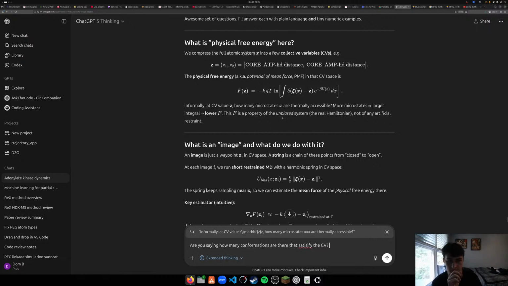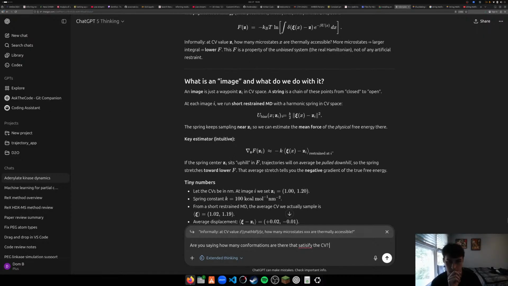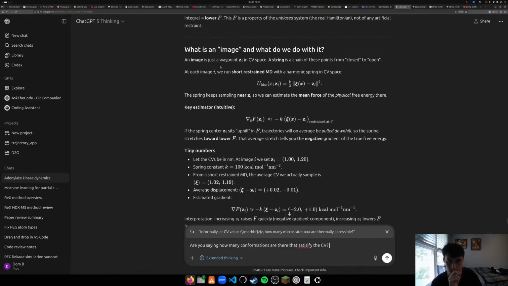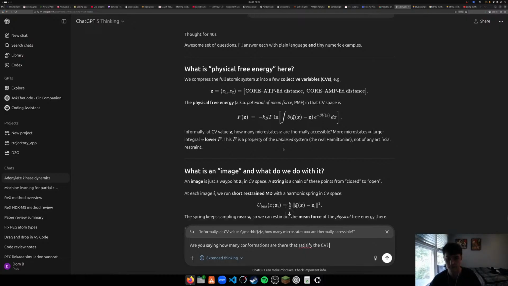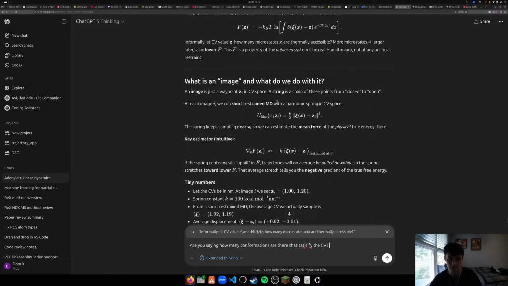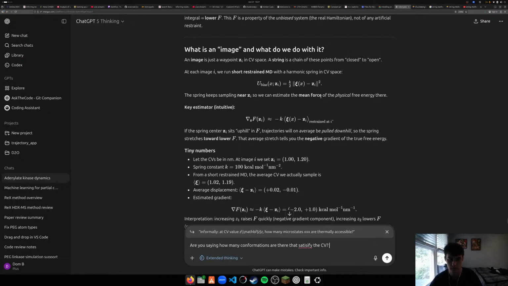F is the property of an unbiased system, the potential of mean force in that CV space. So we estimate the mean force of the physical system.